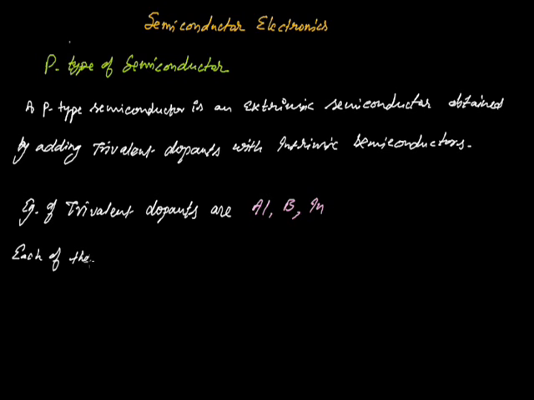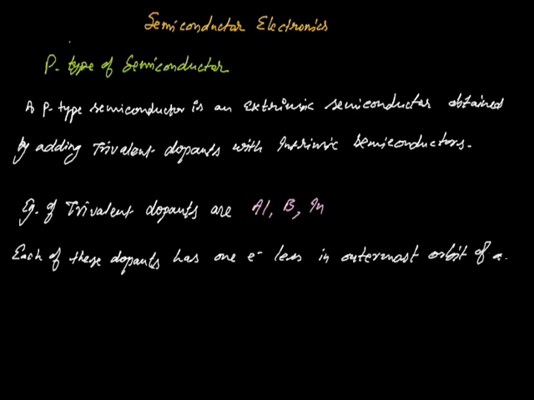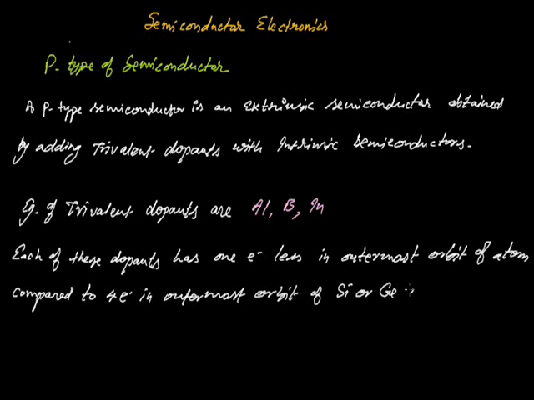Each of these has one electron less in the outermost orbit of the atom, compared to 4 electrons in the outermost orbit of a silicon or germanium atom.